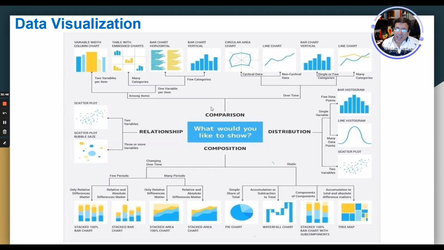So this is something that I found online. Data visualization is four-part. There are some graphs that we can use for comparison, comparing elements of your data, especially categorical data. There are some graphs that we could use to understand the distribution of the data, how the data is sparse or dense compared to the mean of this data.